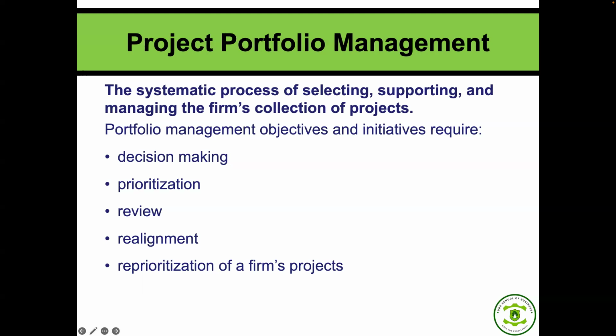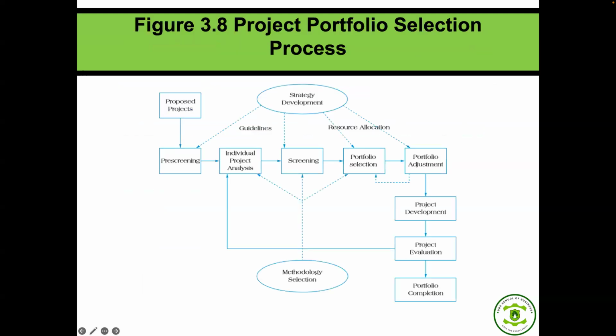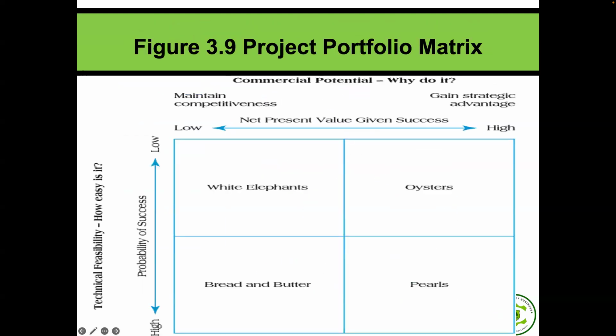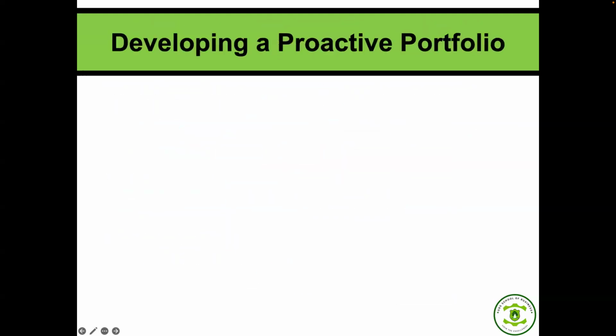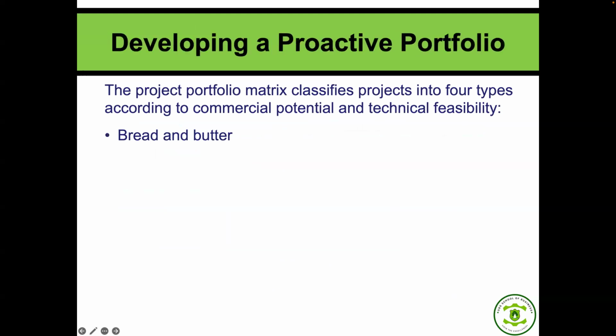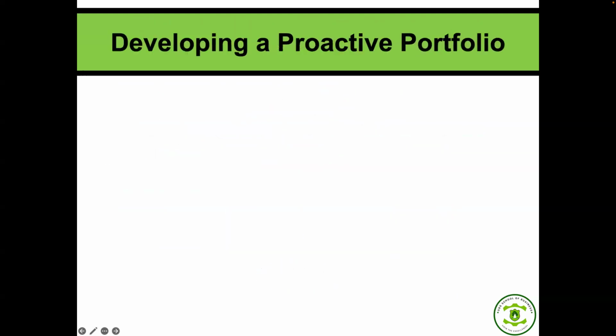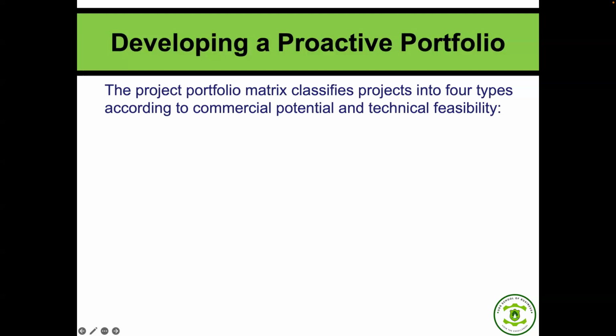And before we look at the process, I want us to look at developing a proactive portfolio. And to do that, we'll consider what we refer to as a project portfolio matrix. And quite some interesting terms we may have heard of in the past.